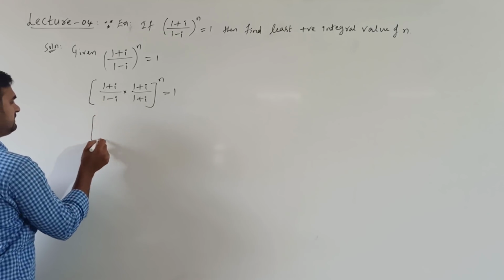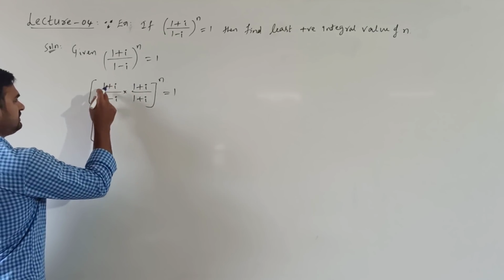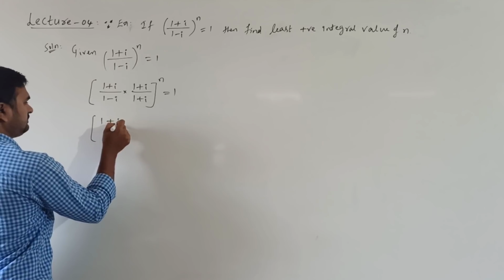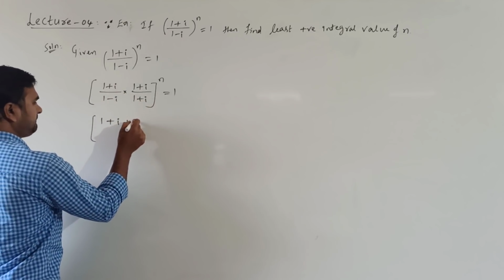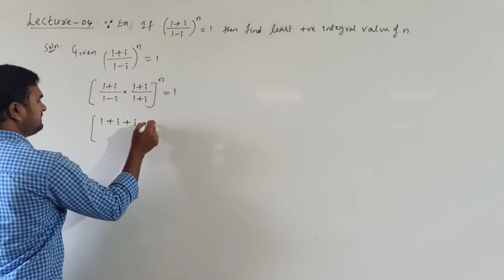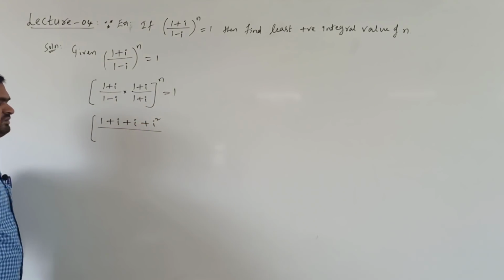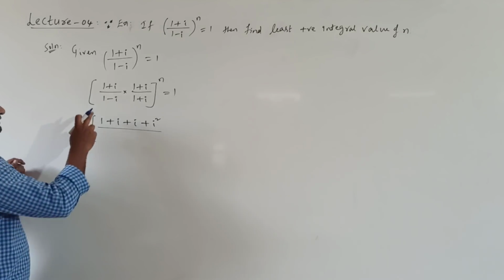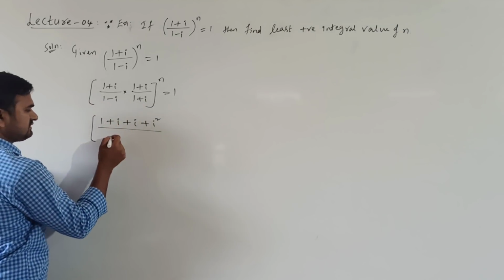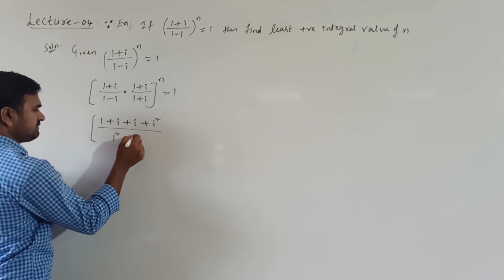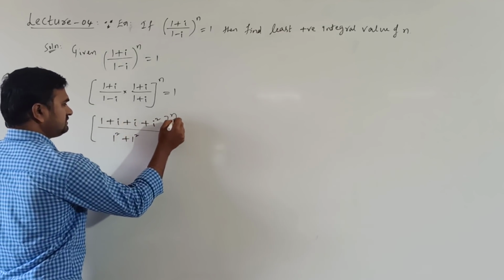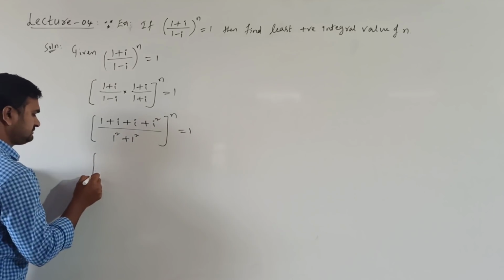So in the numerator we multiply: 1 into 1, 1 into i, i into 1, plus i into i is i square. In the denominator, 1 minus i into 1 plus i is in the form a minus ib into a plus ib, so I can write a square plus b square, whole to the power of n is equal to 1.